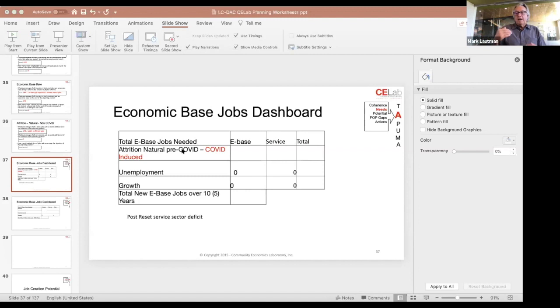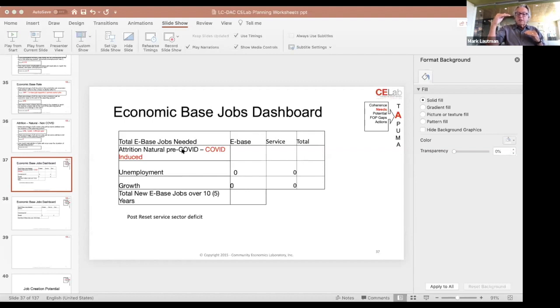The ratio of service sector to economic base used to be such that a very few economic base jobs supported a lot of service sector jobs, and it's been shrinking because of big box retailing. It used to be you had mom and pop shops everywhere on Main Street, and every time a big retail chain came in, a Kmart, a Walmart, a Costco, a bunch of those mom and pop stores went away.